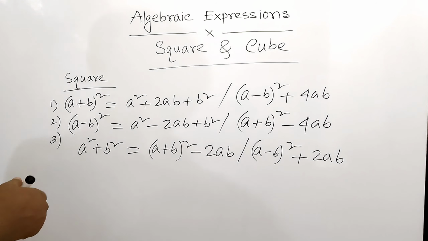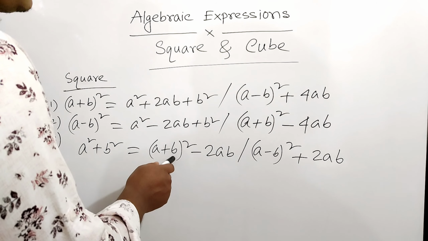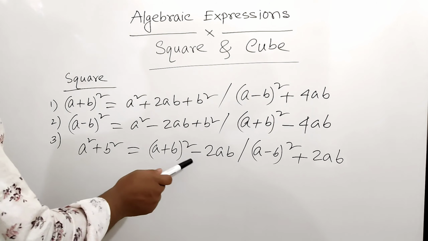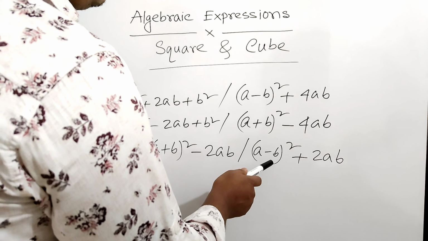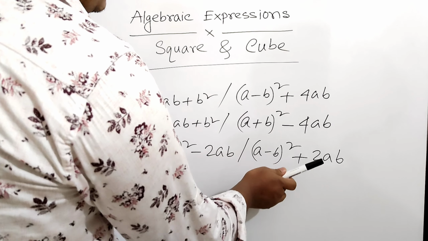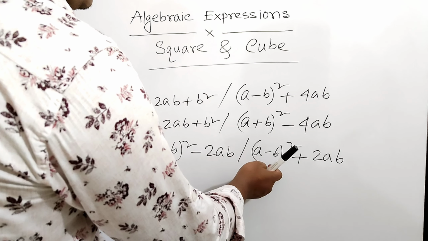Keep in mind, if the given value is a plus b, then you must use the first formula. And in the question, if the given value is a minus b, then you must use the second formula. It depends on the question.